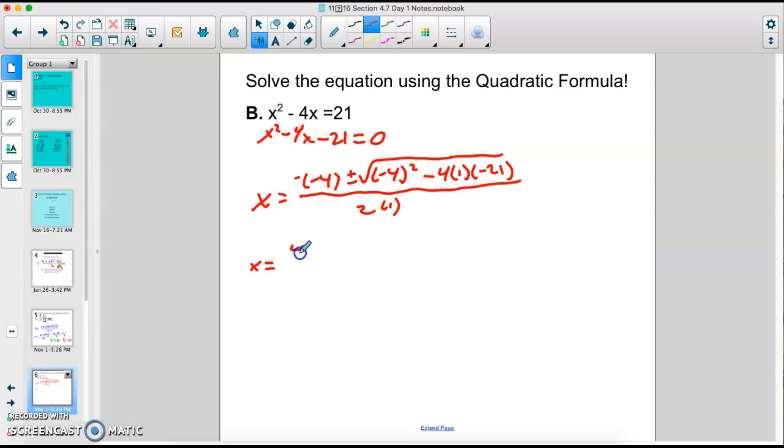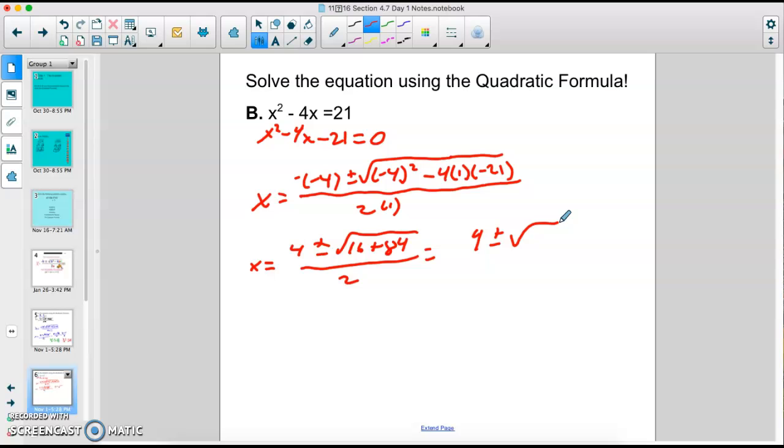Okay, so this is 4 plus or minus the square root of 16, what is that, plus 84, all over 2. If we reduce that down, 4 plus or minus 16 plus 84, I believe is 100.